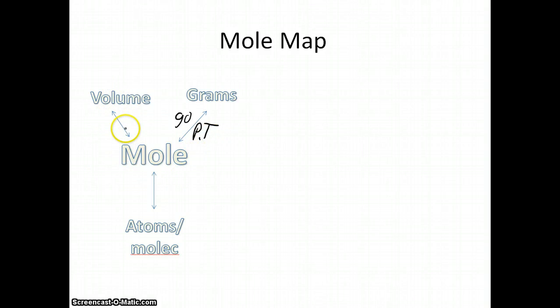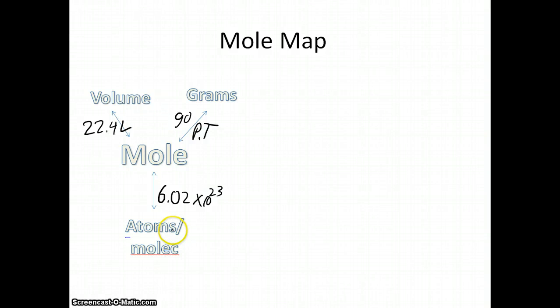If we're going from moles to volume, we convert by a factor of 22.4 liters. If we're going from moles to atoms and molecules, we need to use our number for moles, so we convert by 6.02 times 10 to the 23rd.